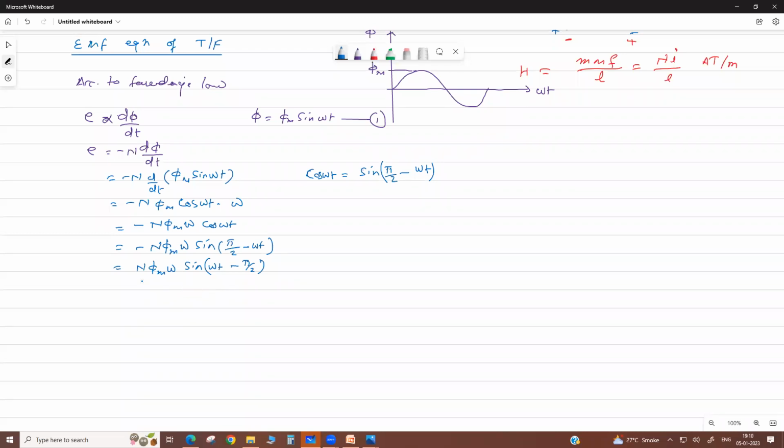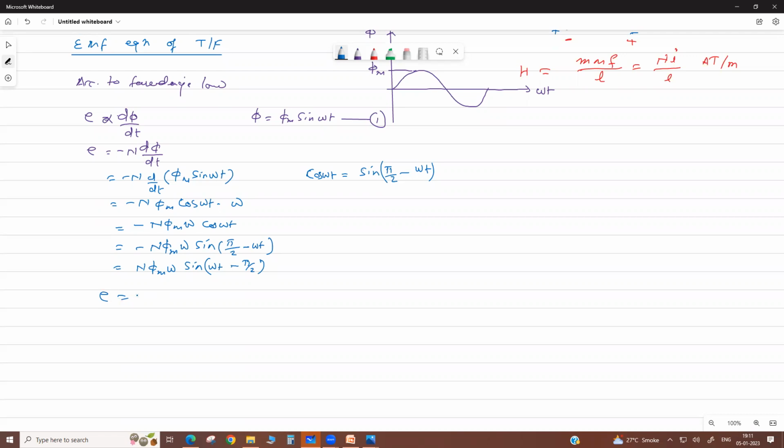Okay. This induced EMF per turn we have calculated, or in N turns. Therefore E we can write it is maximum.